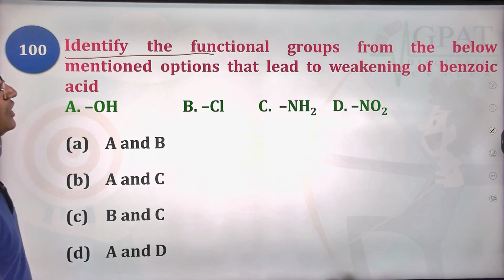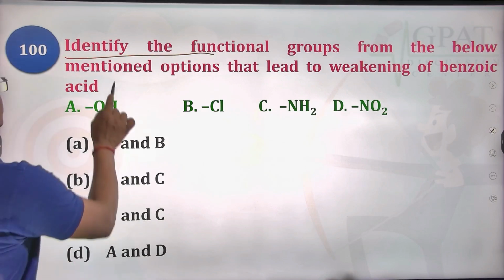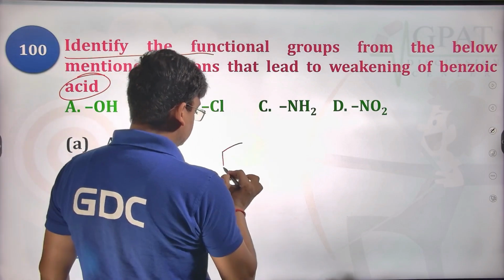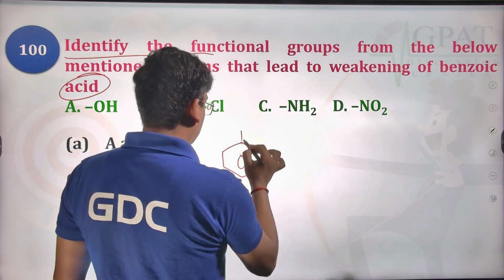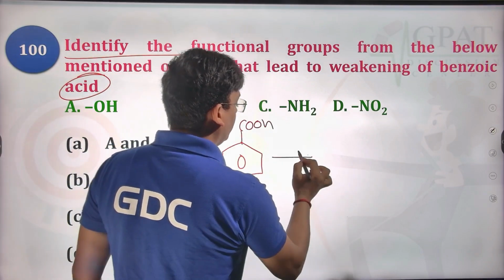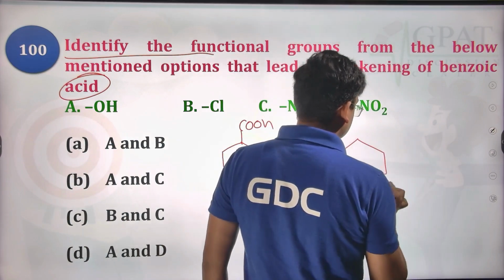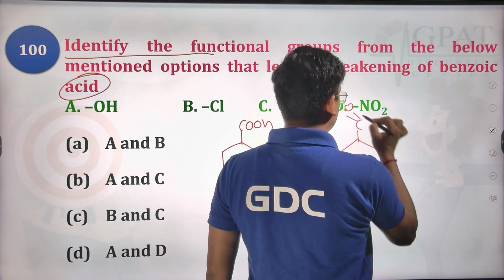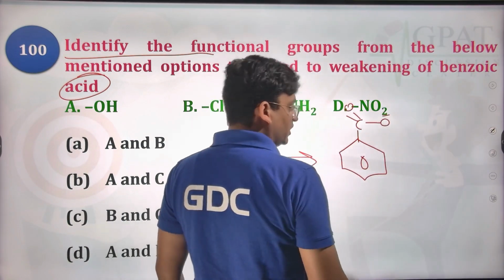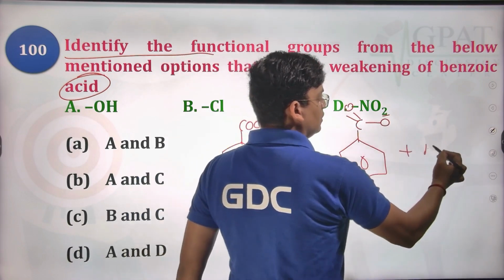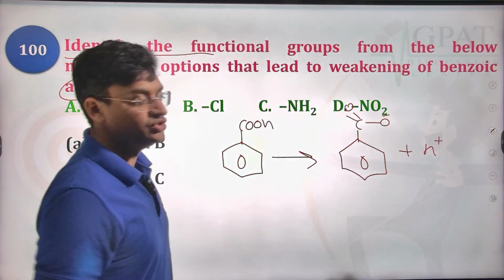Identify the functional groups from the below mentioned options that lead to weakening of benzoic acid. So we are having our benzoic acid. As you all know, an acid can express its acidity only when it is converted into benzoate, that is, only after dissociation of a proton.